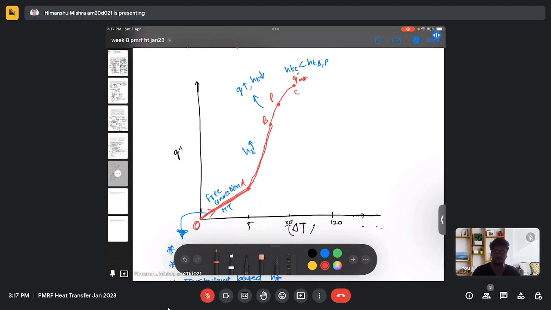Now at point C, a lot of bubbles which are created start merging, which creates a slug kind of flow. When this happens, it starts covering the surface of the heater.